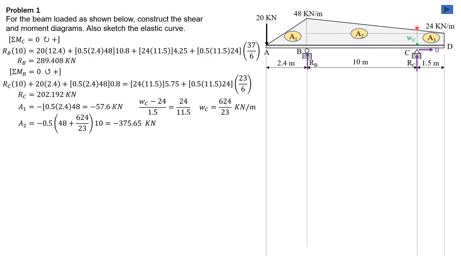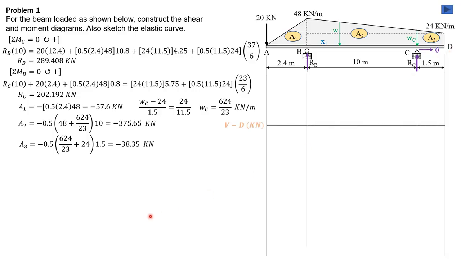Then area 3 is negative 0.5 of W sub C, quantity 624 over 23 plus 24, times 1.5. So area 3 is negative 38.35. Then let's call this intensity of the load W at distance x sub 1 from D. So its distance from D is 11.5 minus x sub 1.